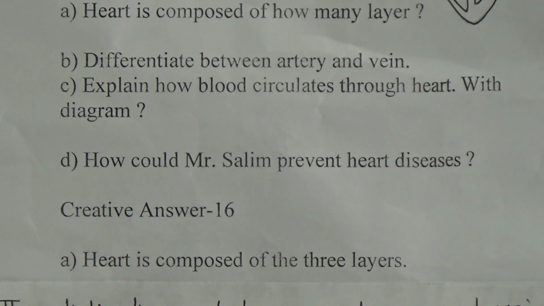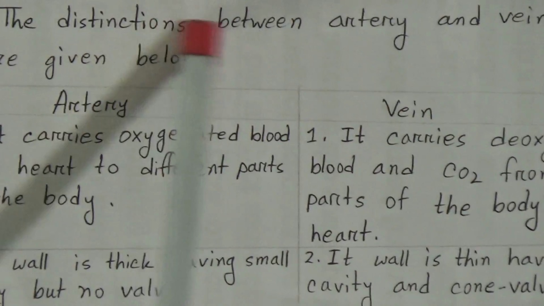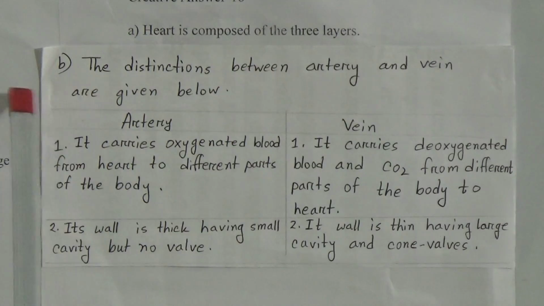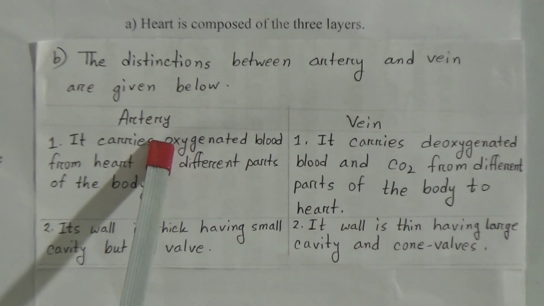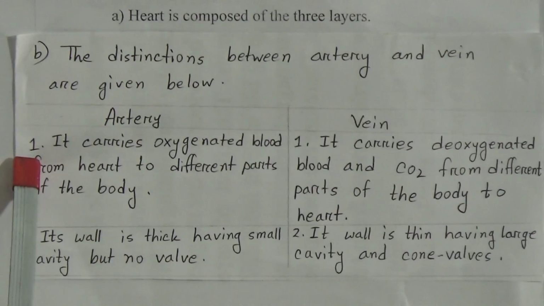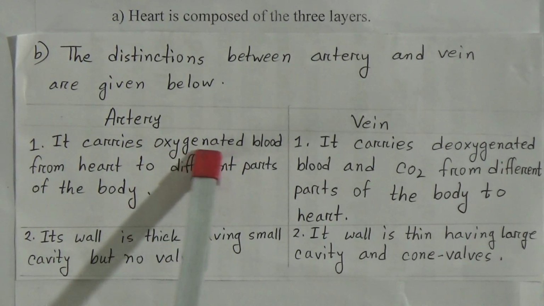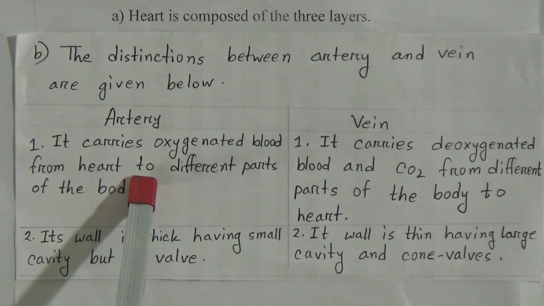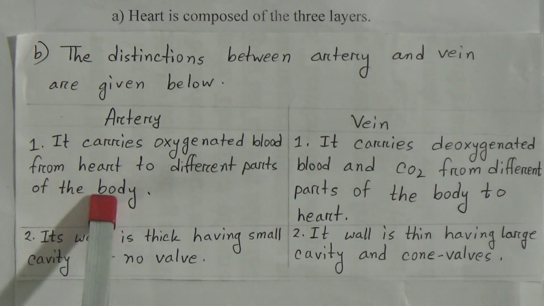Now, the B number question was, differentiate between artery and vein. The answer is, the distinctions between artery and vein are given below. Here is artery, this box, and the 1 number point is, it carries oxygenated blood from the heart to different parts of the body.